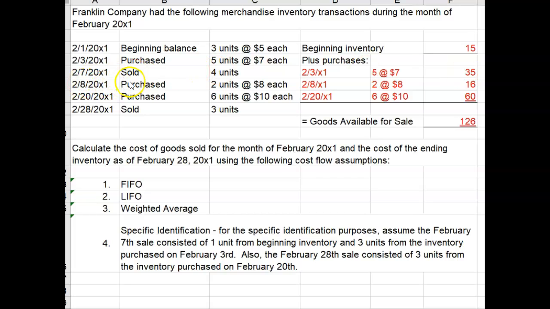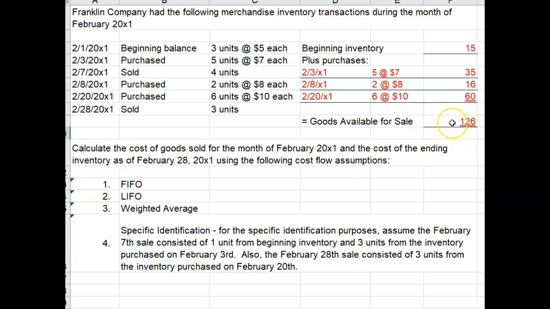On February 8th, we purchased 2 at a cost of $8 each. That's an additional $16 of cost. And on February 20th, we purchased 6 at a cost of $10 each. That's an additional $60. Beginning inventory plus purchases equals goods available for sale for the entire month of $126.